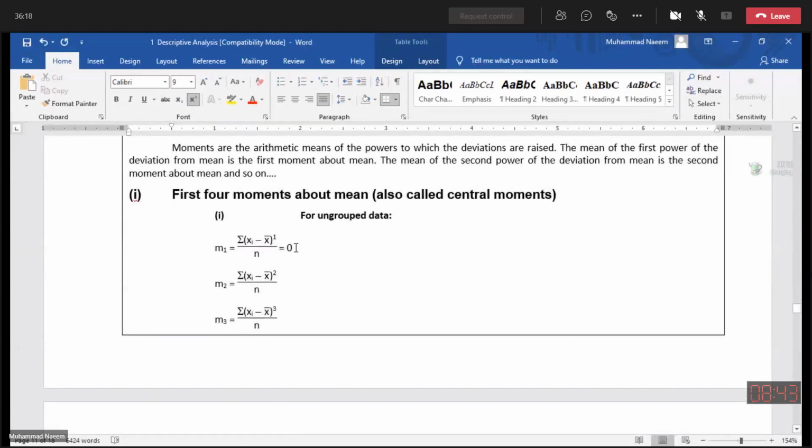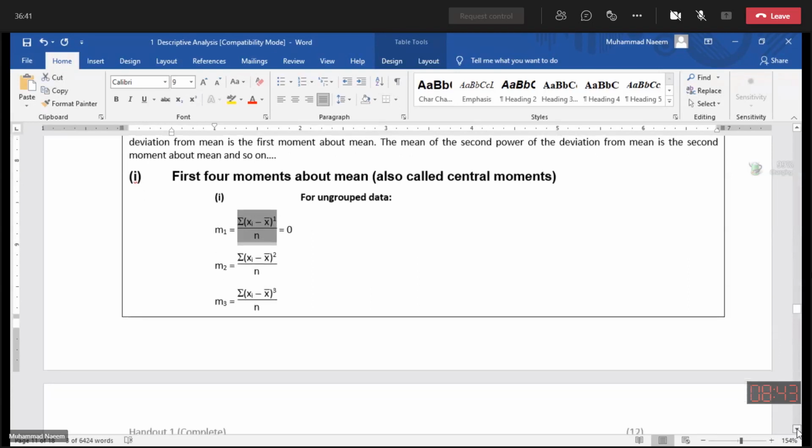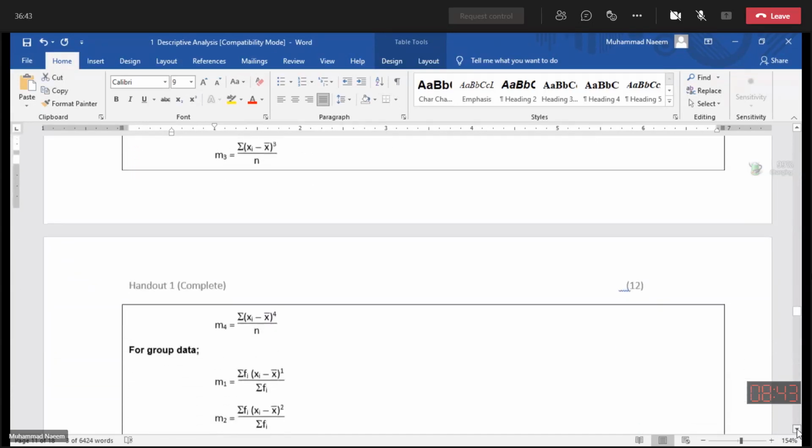We have this definition of the first moment about mean. Due to the numerator, it is 0. What we have in the numerator is the sum of the deviations from mean value. If we neglect power 1, that is meaningless. Just we have the sum of the deviations from mean value.